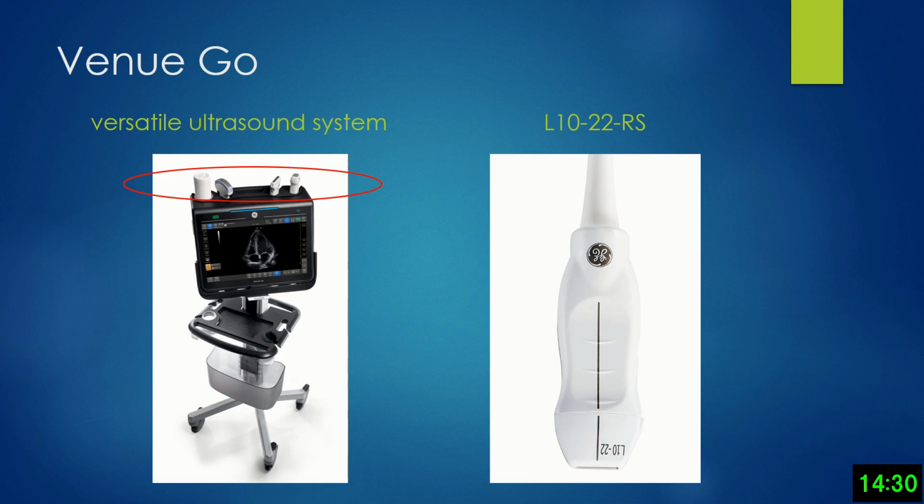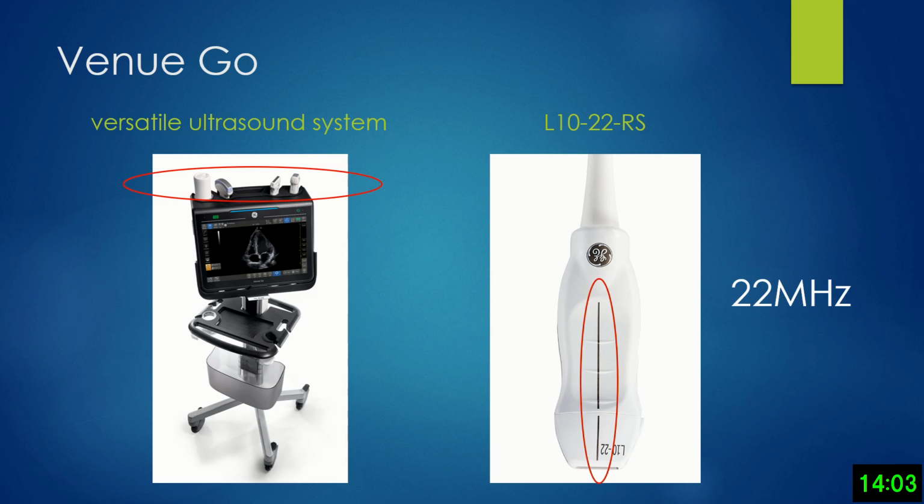When puncturing the artery, we use the L10-22 RS probe, which has a maximum frequency of 22 MHz, providing high quality images. The line on the probe aligns with the center line of the screen, facilitating precise puncture.